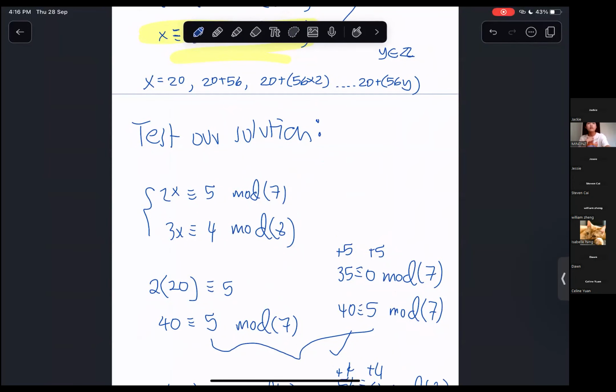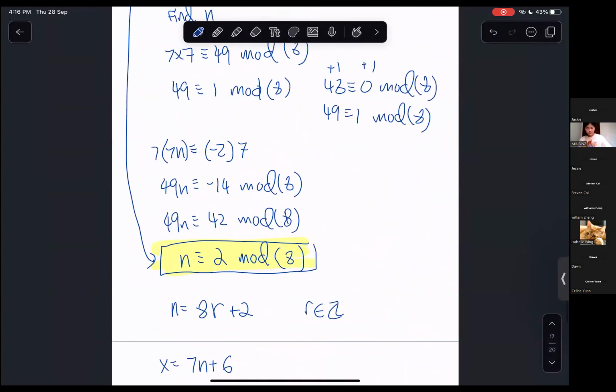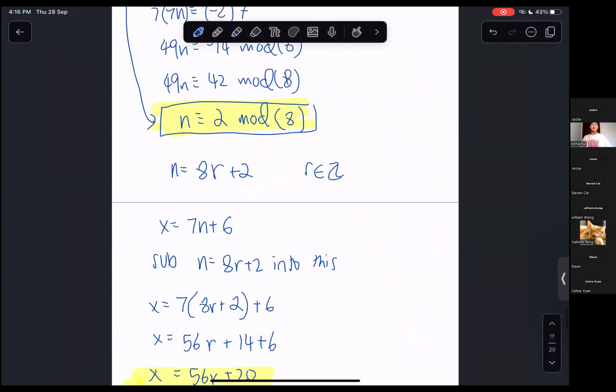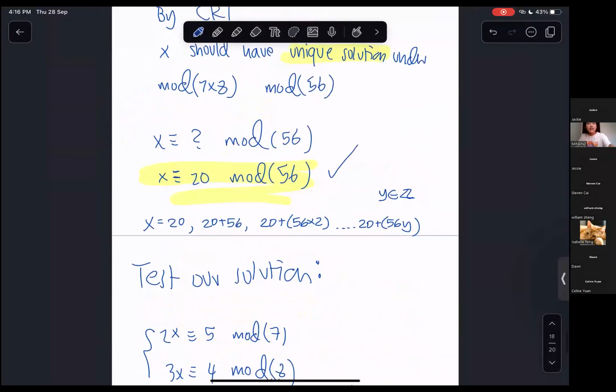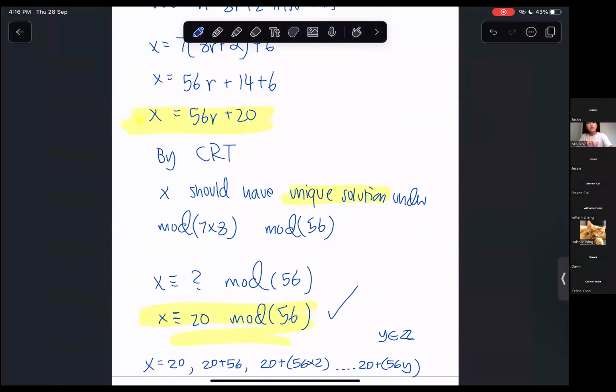It can make our lives a lot easier to make sure we haven't made a mistake while going through all of this process. Okay, does everyone understand? Feel free to bring up any questions you might have.